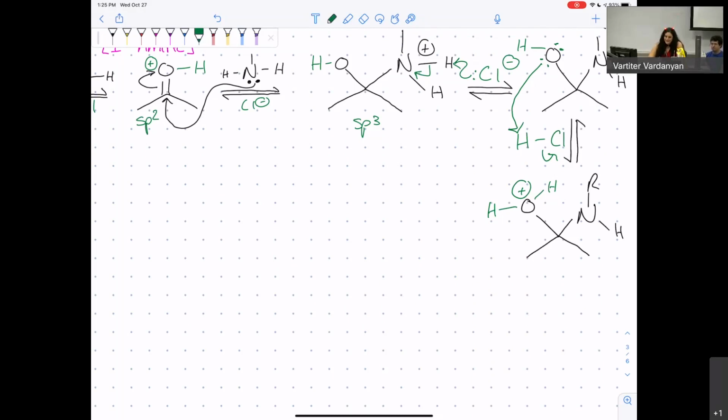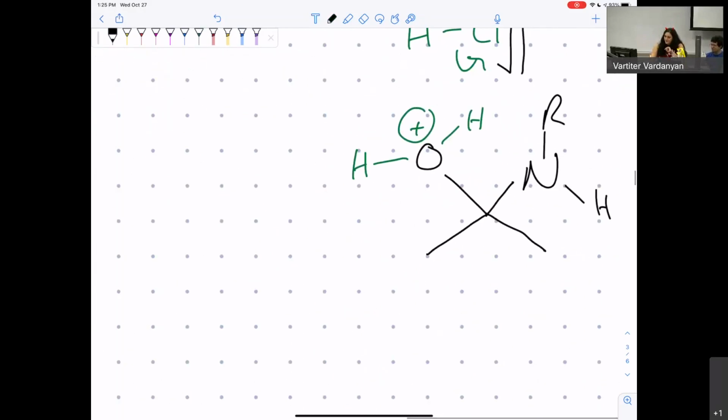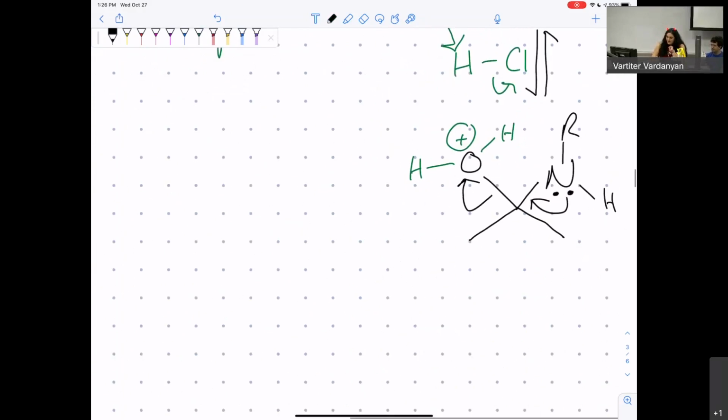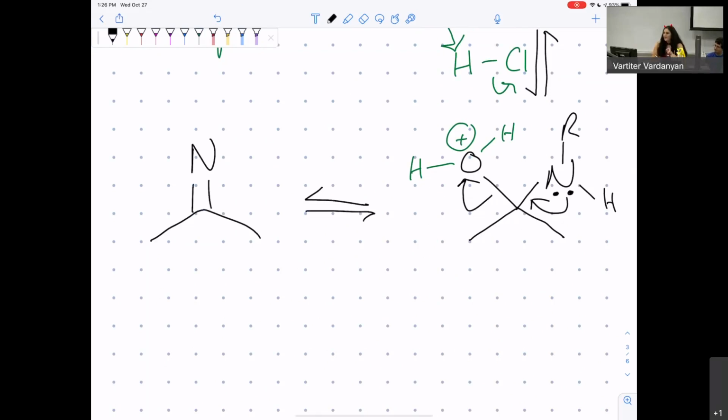Yes, so putting together a couple of things you guys said, the lone pair from the nitrogen is going to drop down and make a double bond. And this causes this to be kicked off. I'm going to get tired of drawing these equilibrium arrows very soon.